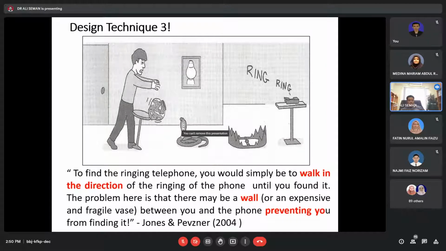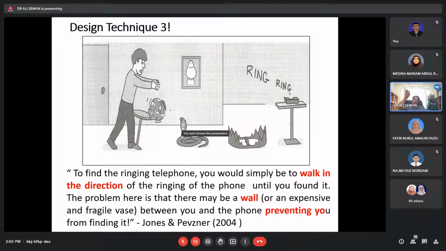What does it mean here? For this design technique, our aim, our goal, is to find the phone based on the ringing. The indicator is the ringing, right? Our goal is to find the phone. So we observe the ringing phone and try to focus on the direction.